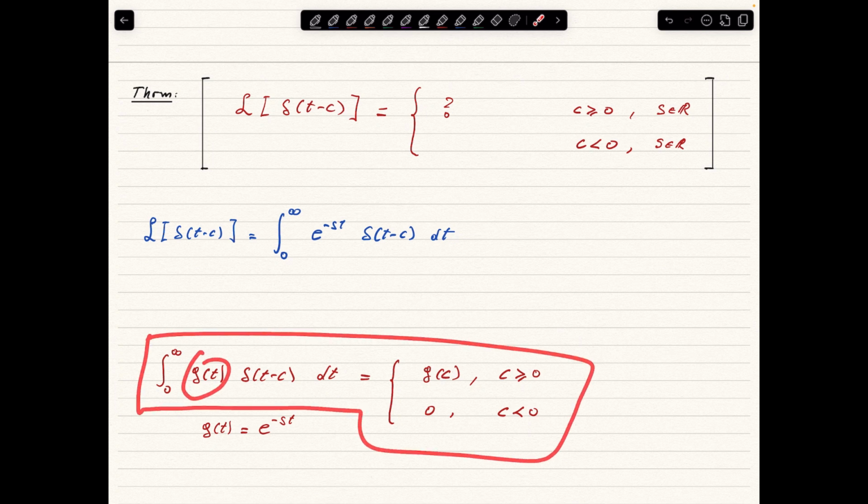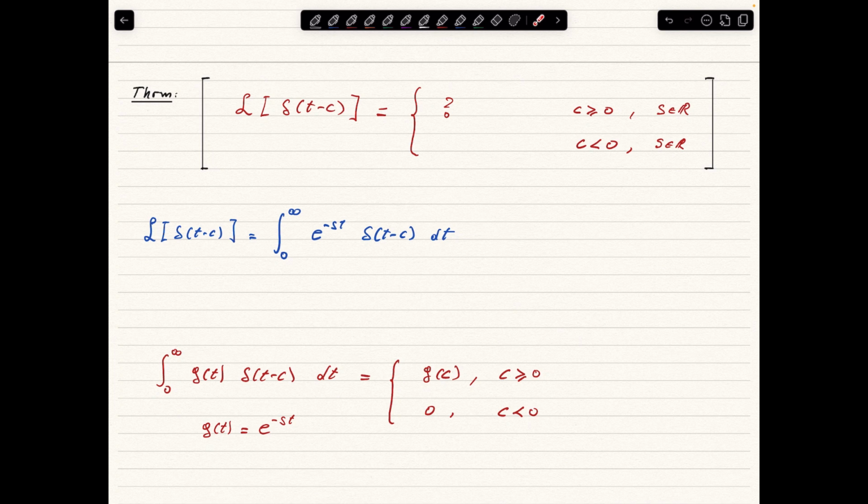With any continuous function g, what happens if the function is exponential negative st? Well, then what we are going to get is this function exponential negative st evaluated at t equals c, so exponential negative sc, and this is only for c bigger or equal 0, or the other possibility is 0 for c negative. Well, this is what we need to write here.